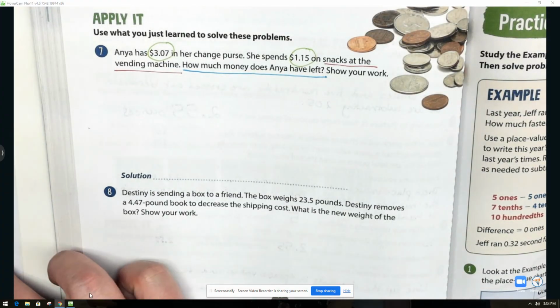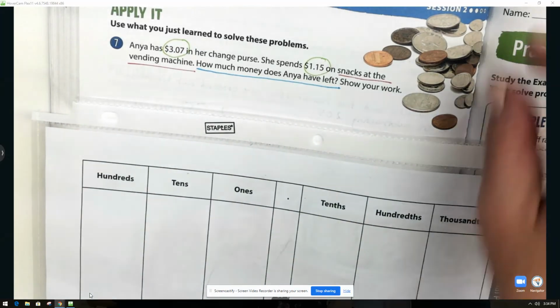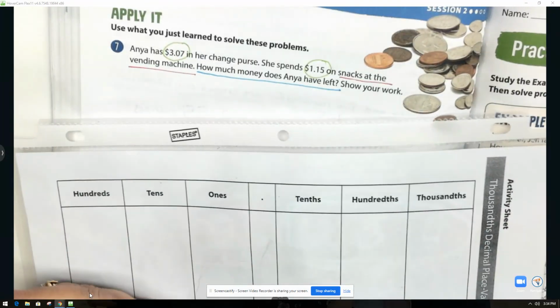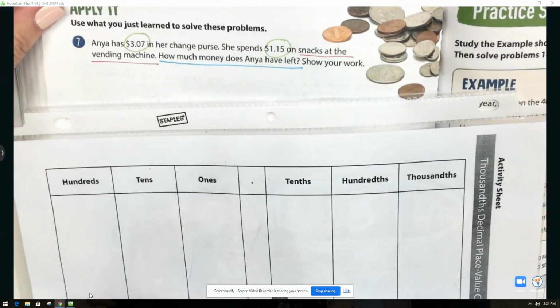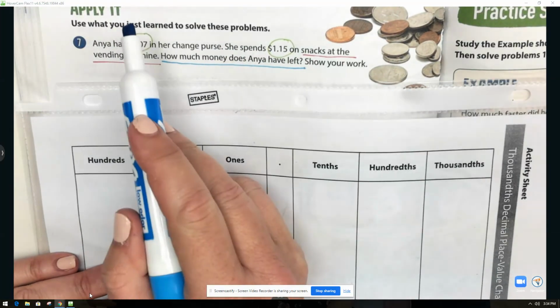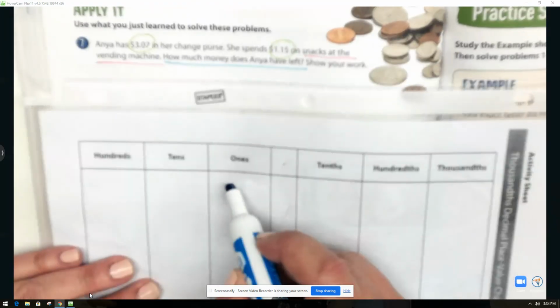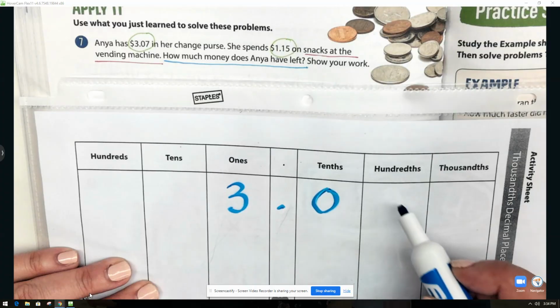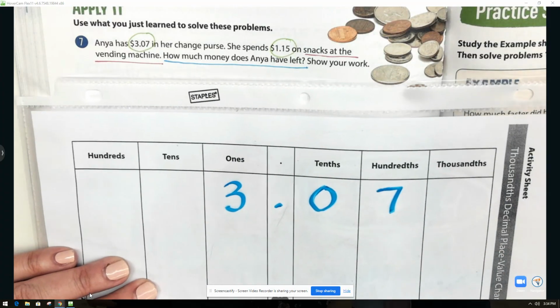So we're going to go ahead and take our place value chart. And we're going to write on our place value chart how much money Anya had to begin with. So to begin with, she had $3.07. So we're going to put in our 3 ones, our decimal. We have 0 tenths and we have 7 hundredths.